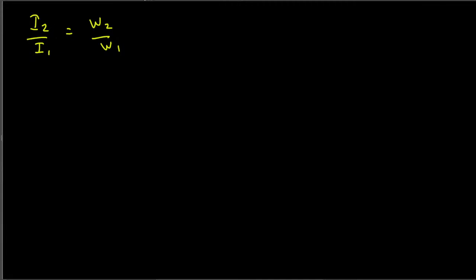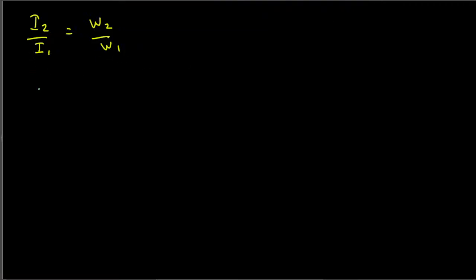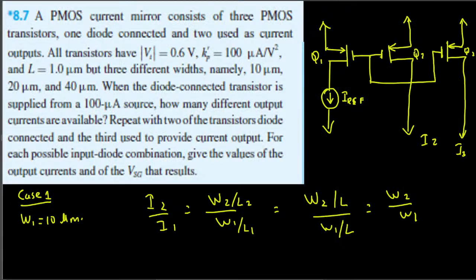I1 is nothing but the reference current, that is this. So instead of I1, we can also write I2 over I reference. And we assume the first one to be 10 micrometer, then the second one we can assume to be 20 micrometer.